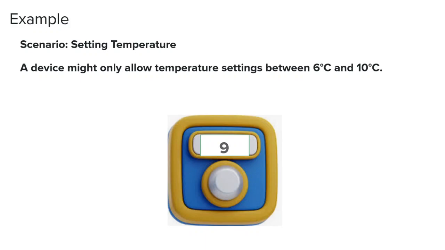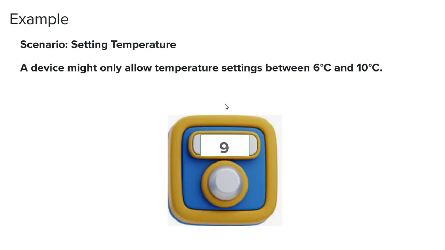So by default, that device only allows the temperature setting between 6 degrees Celsius and 10 degrees Celsius. Means we can only enter the values 6, 7, 8, 9 and 10. From 6 to 10, only those values are accepted. Those values can be set in that device.